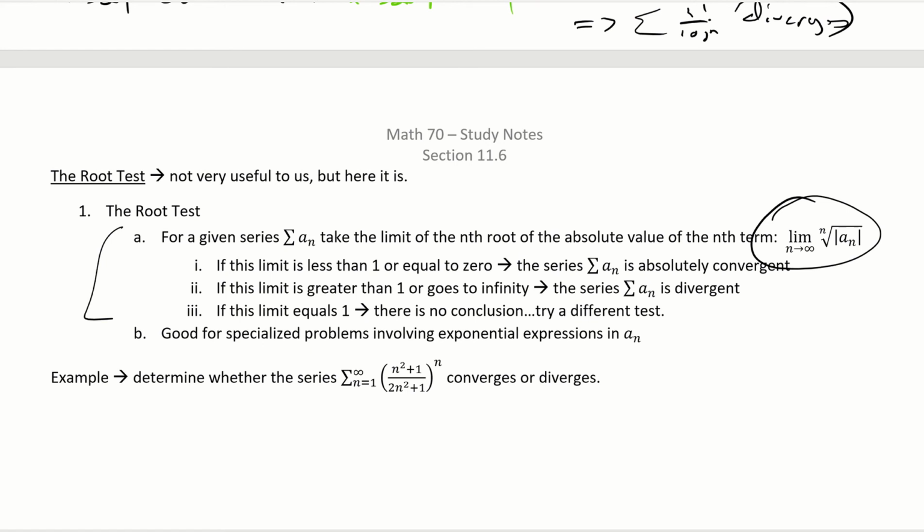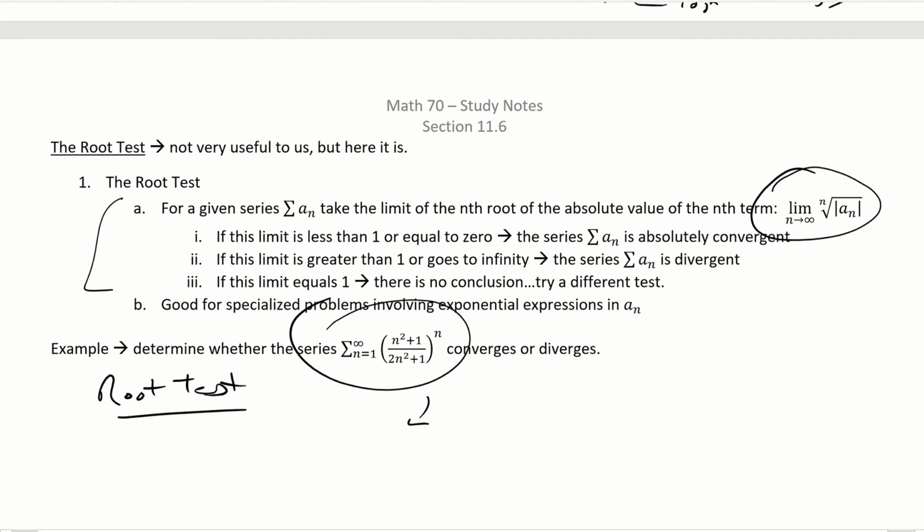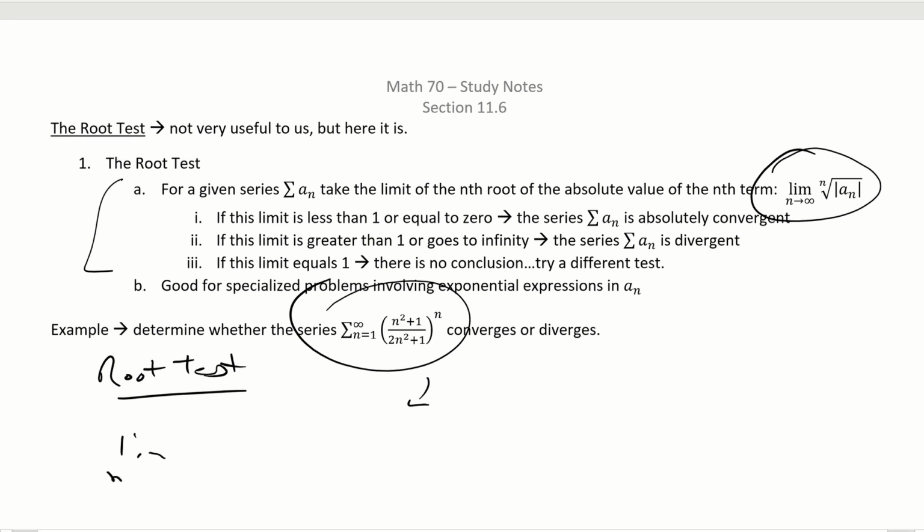If I ran the root test, look what it's good for. It's good for nth powers. So if I do it on this one, we take the limit as n goes to infinity. It's been a while since I've done a root test, but I figure I might as well round it out here.